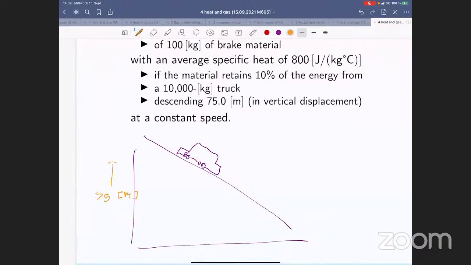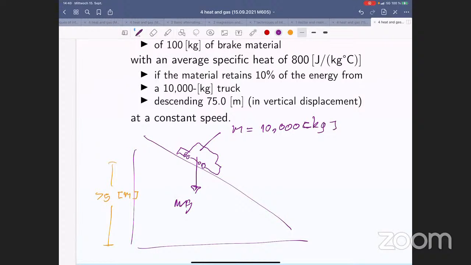At this position it's 75 meter, and the weight of the truck is mg, but the mass of the truck is 10,000 kilogram.